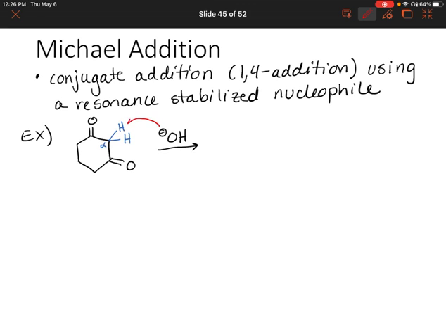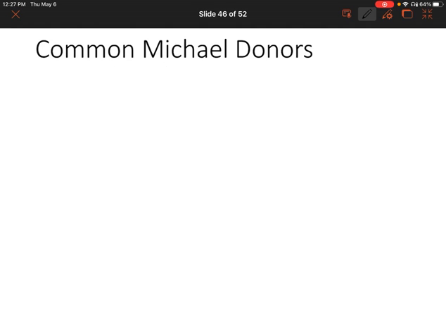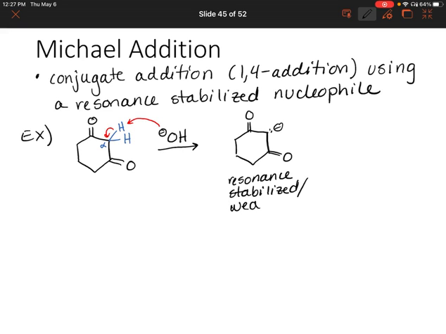So we're just going to add a base that's going to leave electrons there behind to form an enolate. So this again is a resonance stabilized nucleophile, or weak nucleophile.